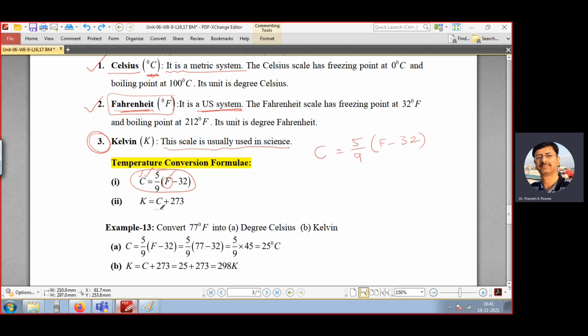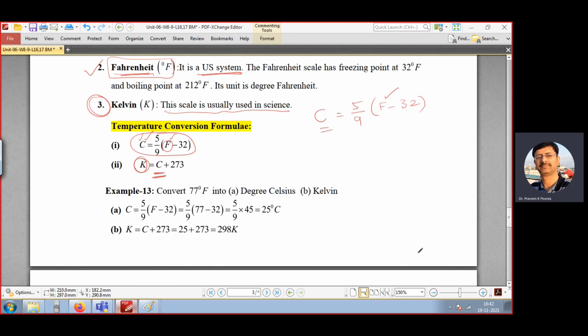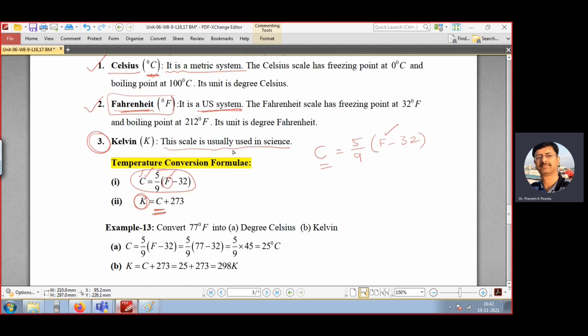And if you know the value of C, then you can change the temperature into Kelvin. But if F is given, first you need to change F into C, then put the value of C, and then change into K, Kelvin. This is the formula.